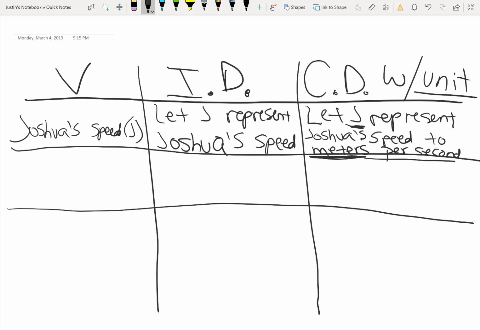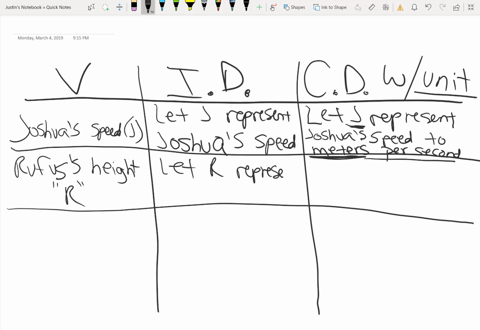All right, the next one says Rufus's height, and it's R that represents his height. All right, then it says let R represent Rufus's height.